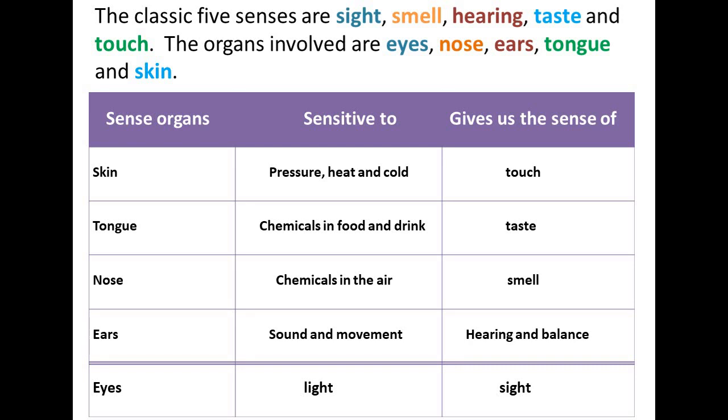Now the tongue is sensitive to chemicals in our food and drink and gives us a sense of taste. Now the nose is sensitive to chemicals in the air and gives us a sense of smell. Now the ears are sensitive to sound and movement and give us the sense of hearing and balance. Lastly, the eyes are sensitive to light and give us a sense of sight.